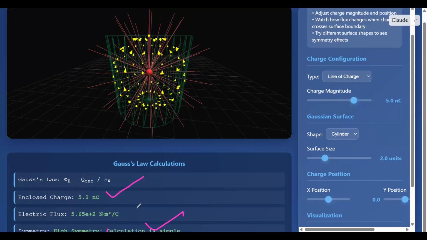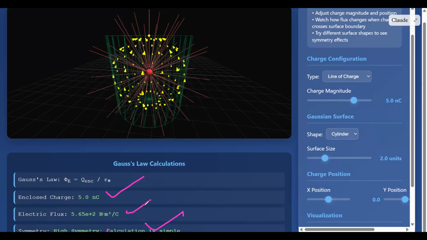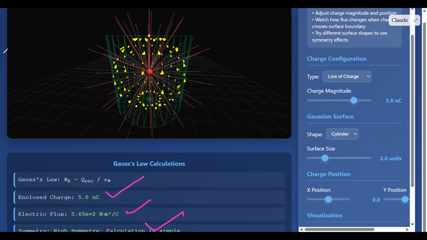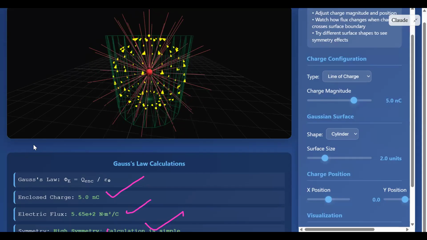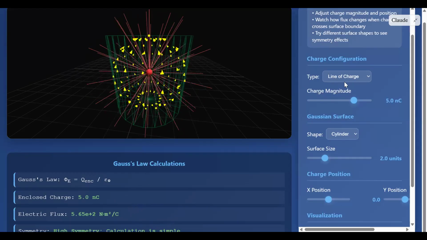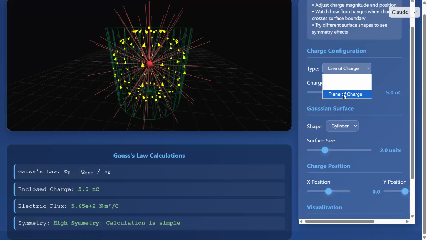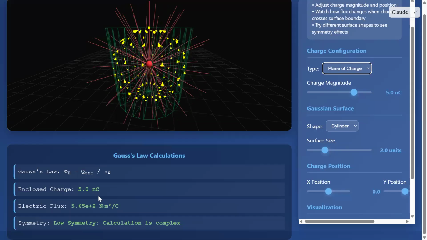Enclosed 5 nanocoulomb, electric flux as usual 5.65. And for the third charge configuration, for example, here you can see a plane of charge.